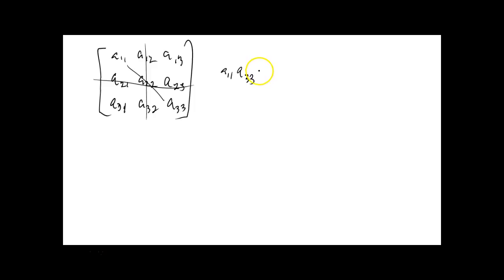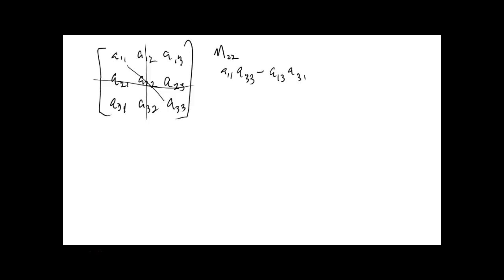There's a sign. Give me a sign. Minus. Okay? And what do you say next? A13, A31. You got it. That is the minor M22 for that matrix. Wipe out the ith row, the second row, and the jth column, second column, and then take the determinant of what's left.